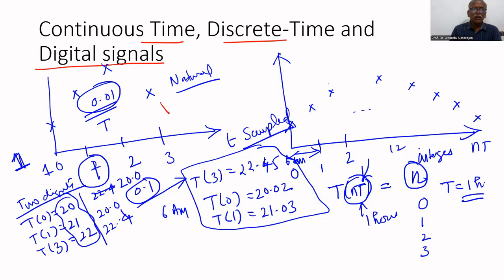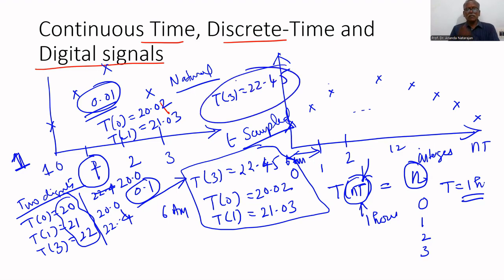With a quantization scale of 0.01, we can represent T of 0 equals 20.02, T of 1 equals 20.03, and T of 3 equals 22.45, like that. A quantized discrete time signal is called a digital signal. In practice, digital signals are represented mostly by binary signals, zeros and ones.